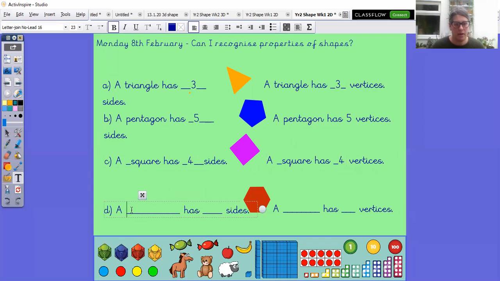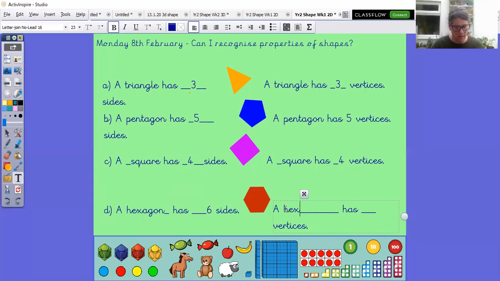It is our hexagon. Our hexagon has 1, 2, 3, 4, 5, 6 sides.